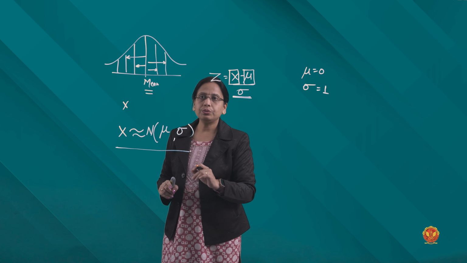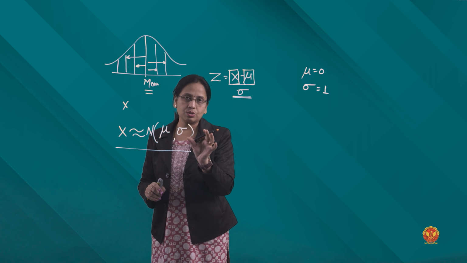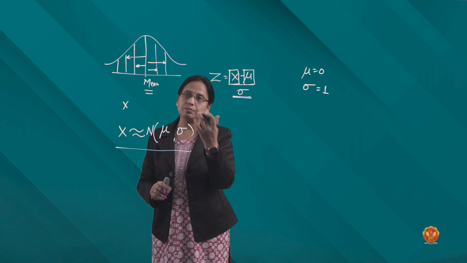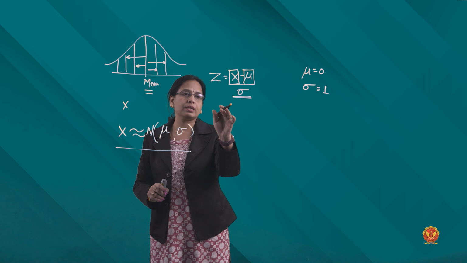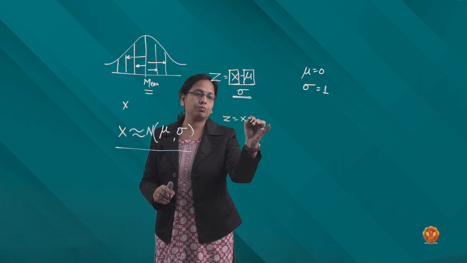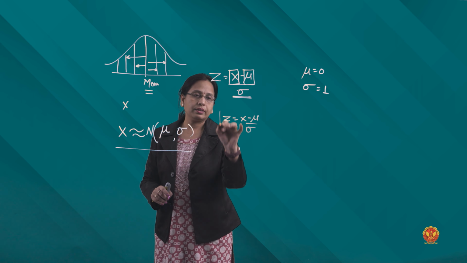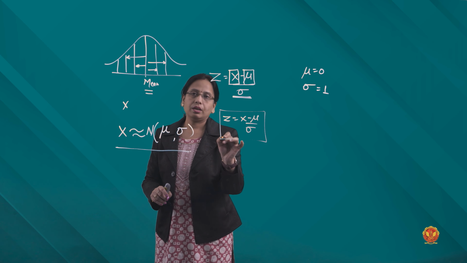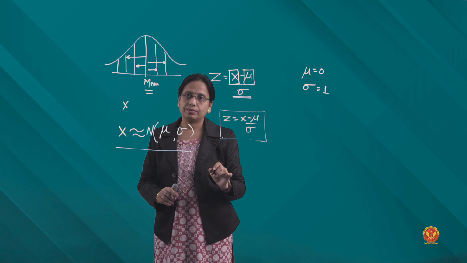So I will convert the difference of x from mu in terms of standard deviation using this formula, x minus mu divided by standard deviation.